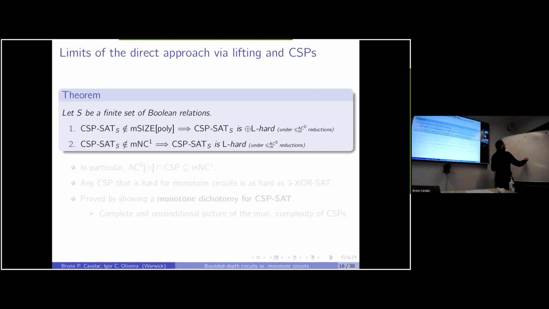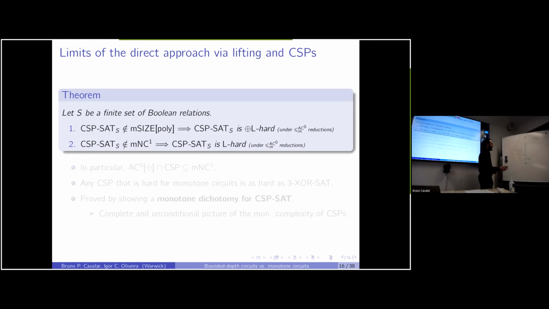And then AC0 parity, then NC1, and then log space, NL, parity-L, and NC2, and then P. Okay.